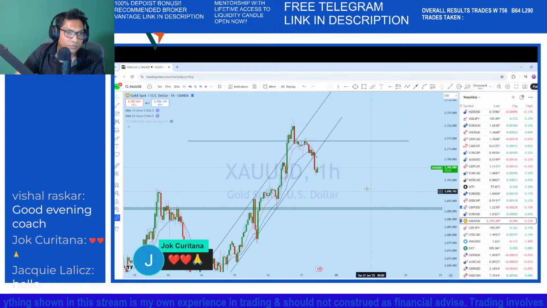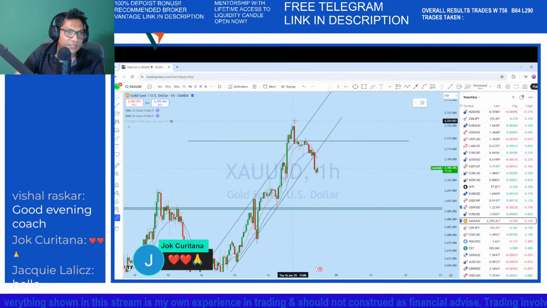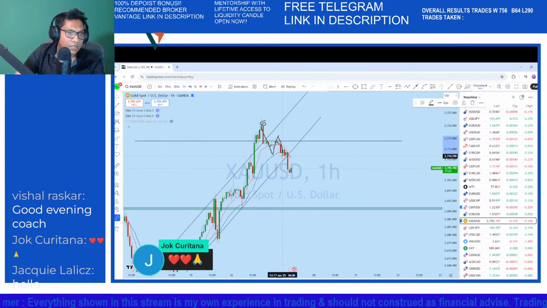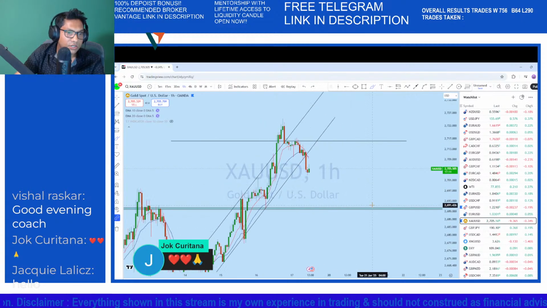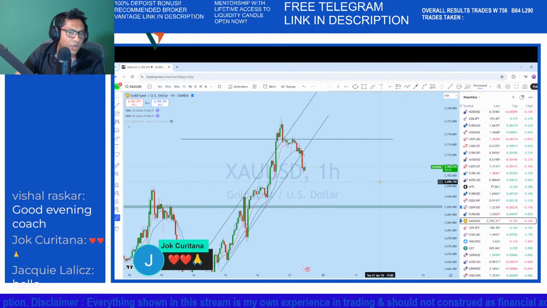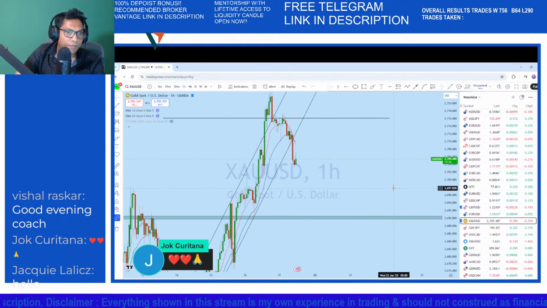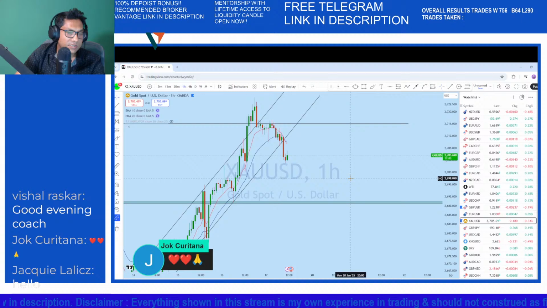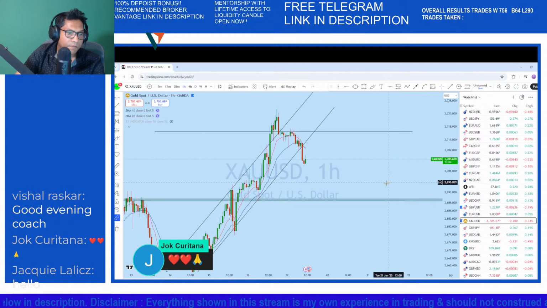So let's see, here is a drop, a bounce, another drop, bounce, another drop. The market is in a downtrend here, and with the downtrend we will be looking for entry opportunity to find out where is the potential trade here.